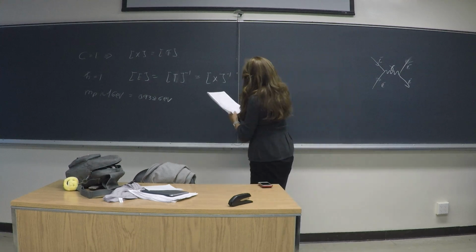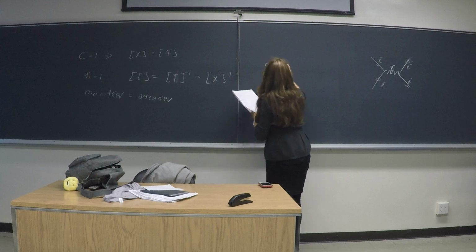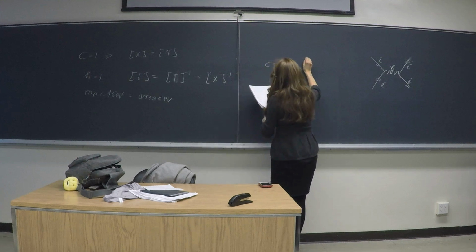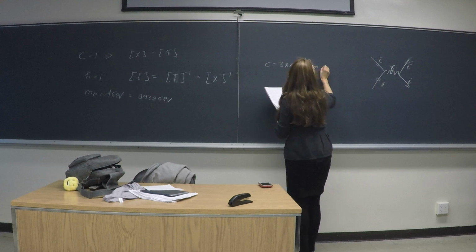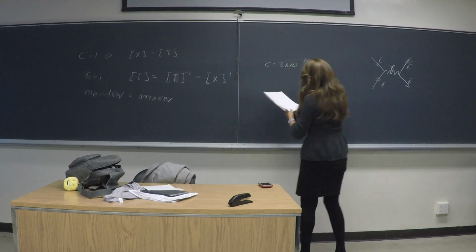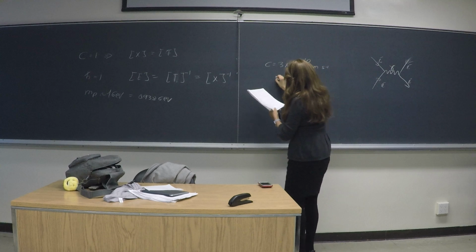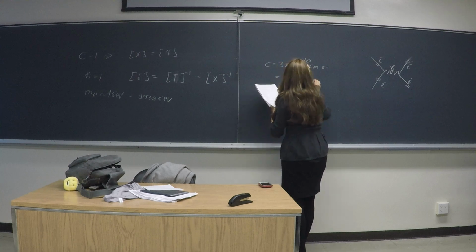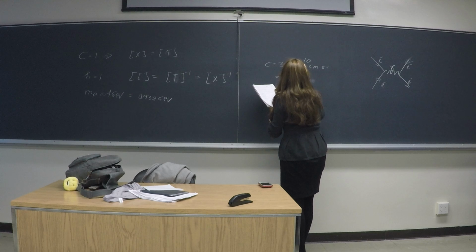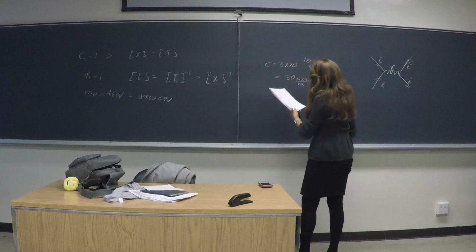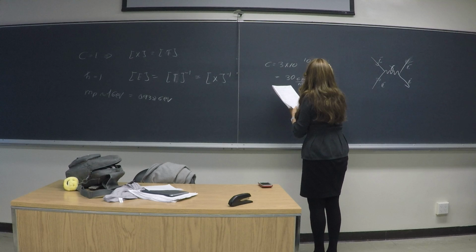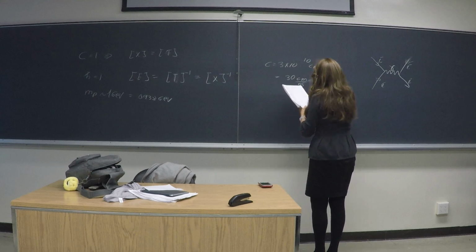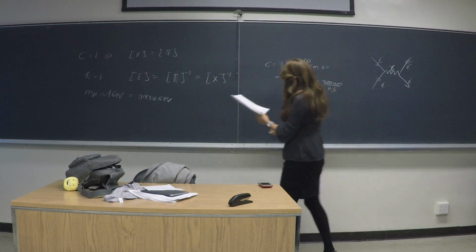We know that the speed of light is 3 times 10 to the 10 centimeters per second, or it's equal to 1 foot per nanosecond, or 30 centimeters per nanosecond, or, and you will see why I care, 300 millimeters per nanosecond.